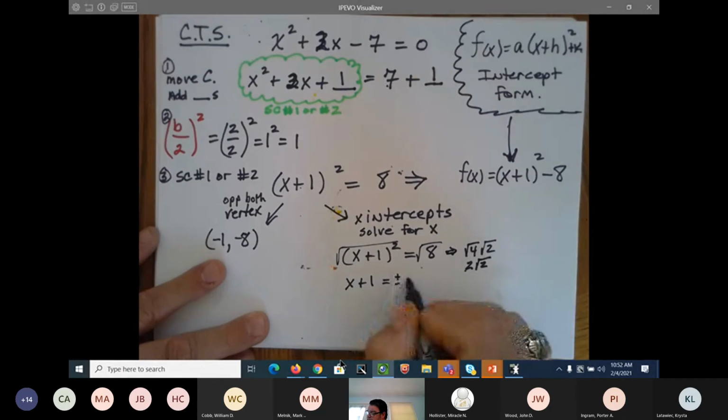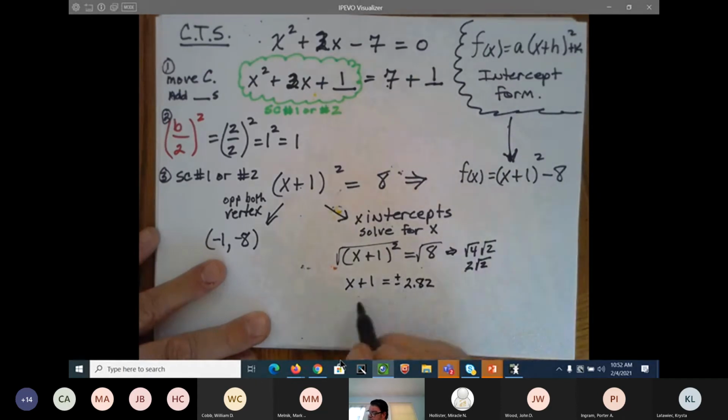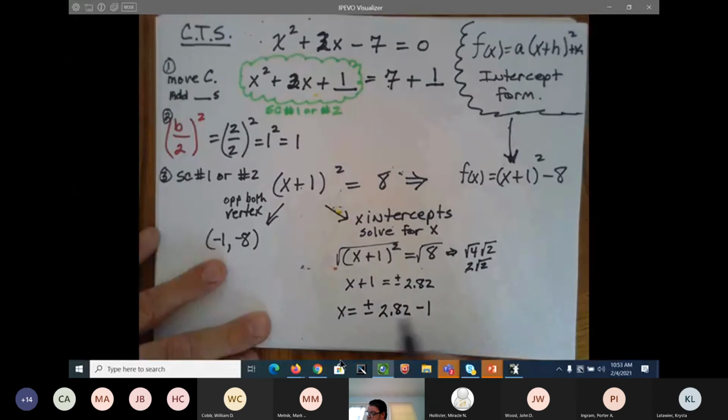Positive or negative, 2.82. And then I'm going to subtract 1. X is equal to positive or negative 2.82 minus 1. And that's going to leave you with 1.82 and negative 3.82.